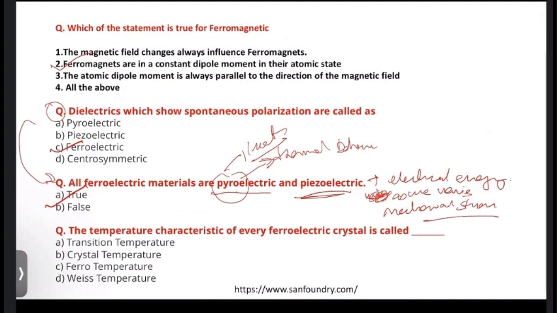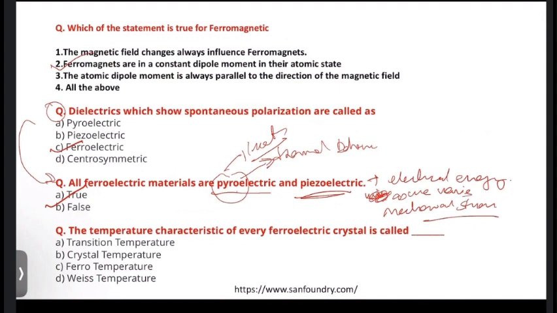But the vice versa is not true. That is, not every pyroelectric and piezoelectric material is a ferroelectric material. All ferroelectric materials can produce electrical energy under variable mechanical stress or under variable heat, but vice versa is not true.